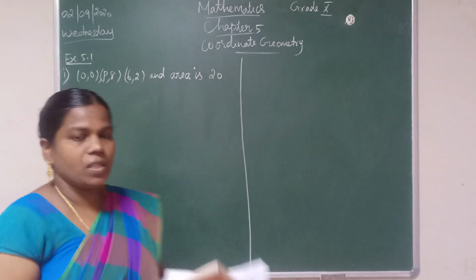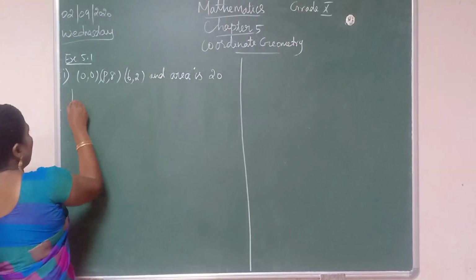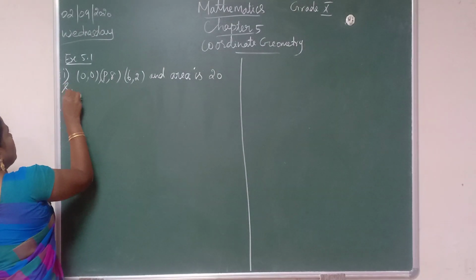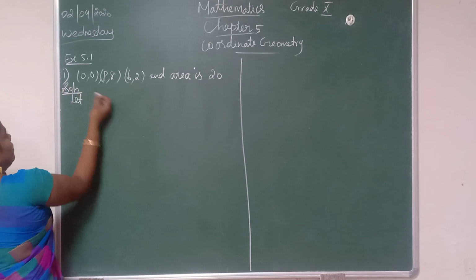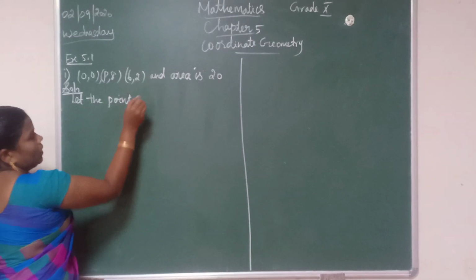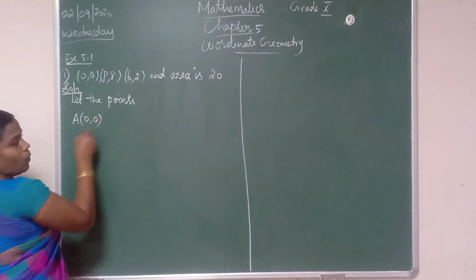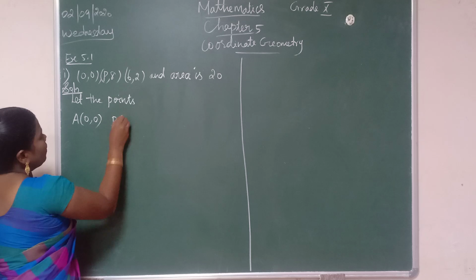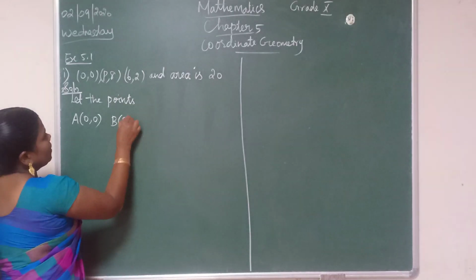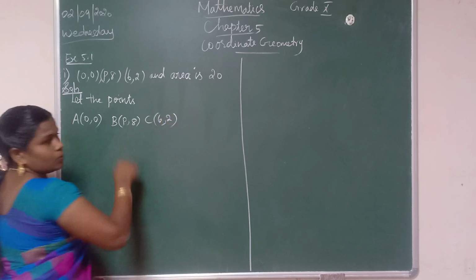Let us give the names A, B, C, or P, Q, R, anyway. Solution: let the points A of (0, 0), B of (P, 8) and C of (6, 2).